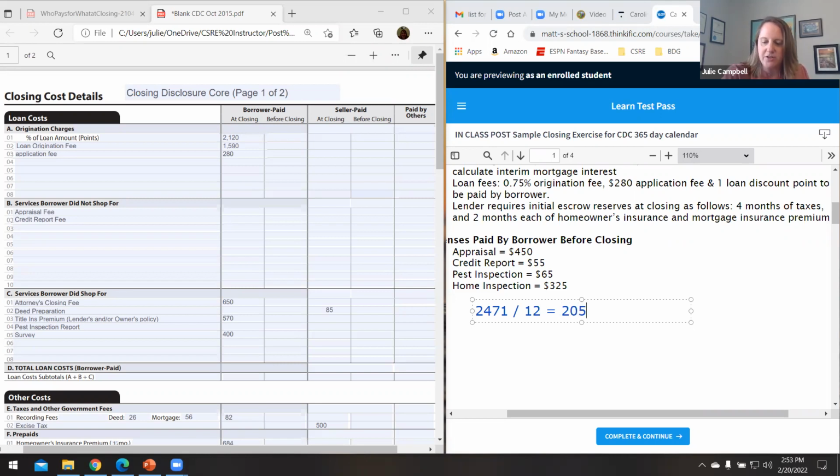So each month this year, taxes are 205.92, rounding just a bit. And the lender wants to collect how many months at settlement? They want 4. So if your monthly is 205.92 and they want 4 months, take your monthly times 4. Again, we'll do these and then I'll show you where to put them.